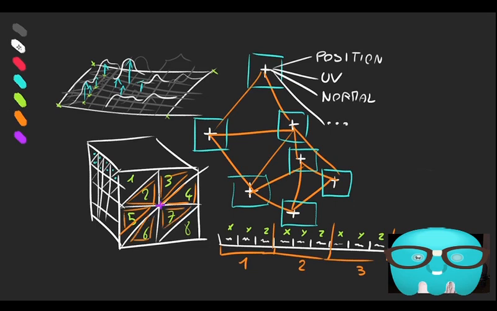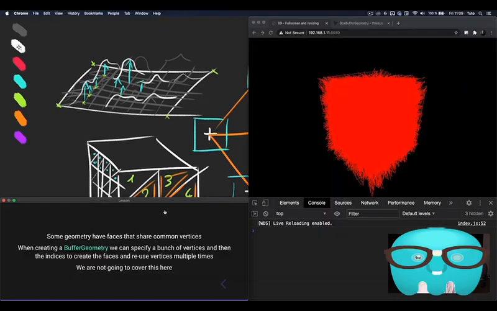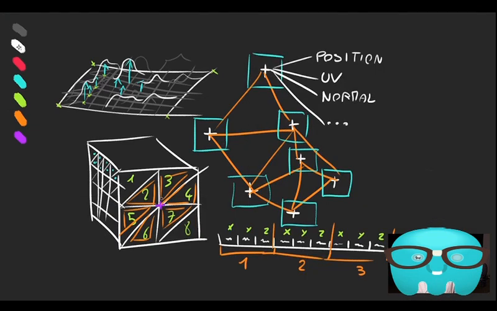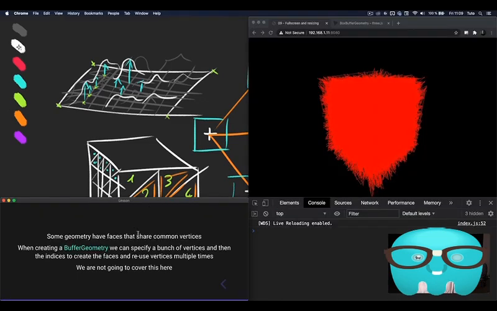So sometimes you have shared vertices. It depends on your geometry. For our triangles, it's not the case, but sometimes you have triangles that can share the same vertices. What you can do is use index. You will provide all the indexes and just say that the first triangle is using this vertex, this vertex, this vertex.